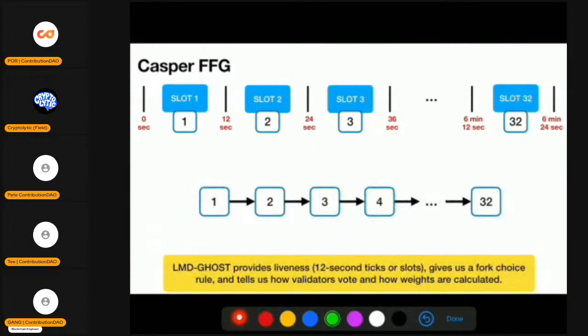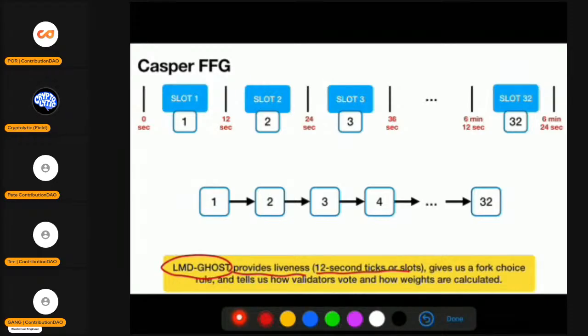We have mentioned that LMD GHOST provides liveness to the Ethereum protocol, in the sense that it keeps ticking every 12 seconds and producing new slots.